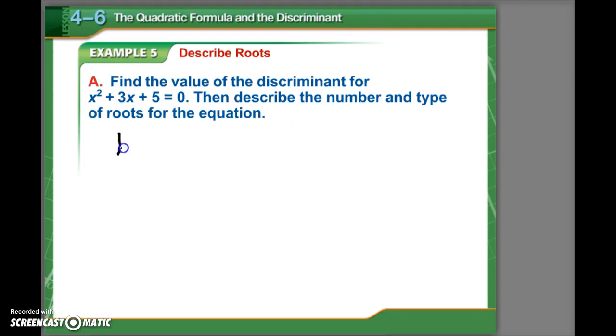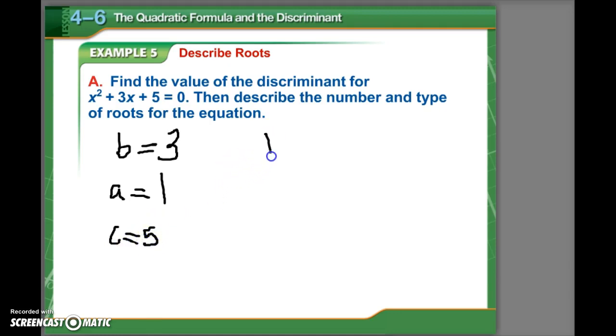So we should look at this and say, okay, b is 3, a, I didn't do this in order, but it's all the same. A is 1, and c is 5.